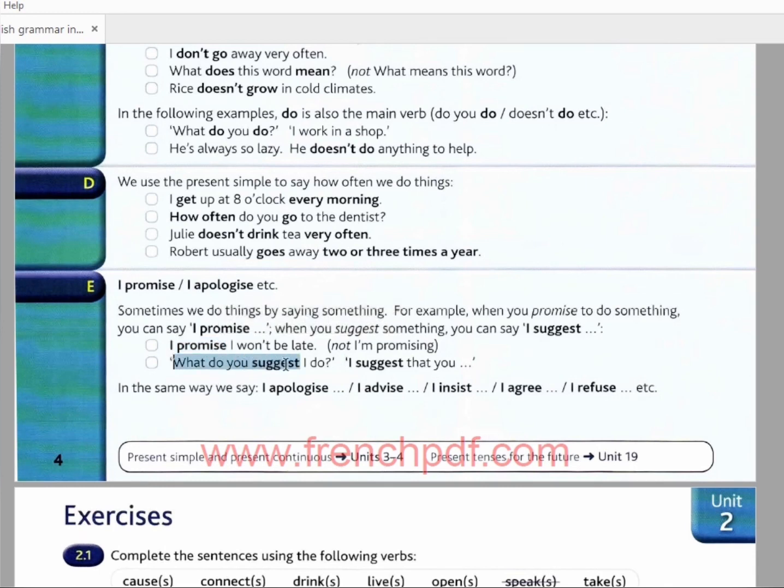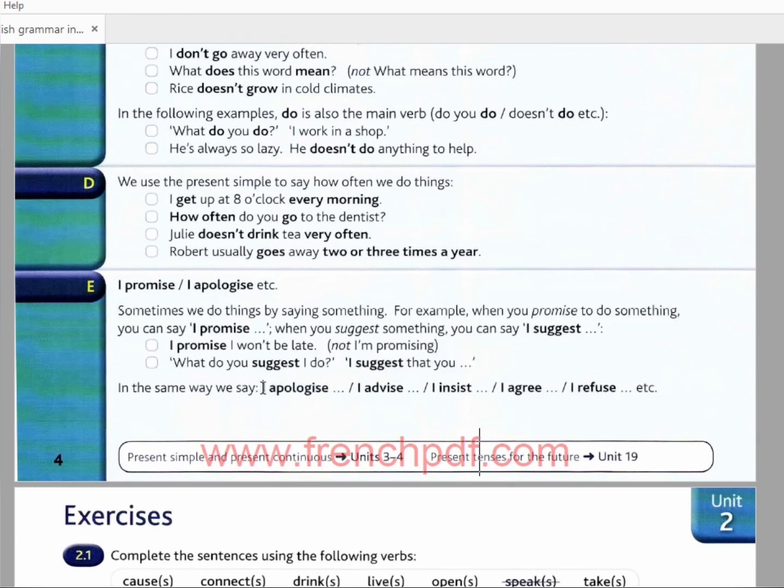For example, you say, what do you suggest I do? You can say, I suggest that you go to the doctor, for example if you have a headache. In the same way, we say, I apologize.